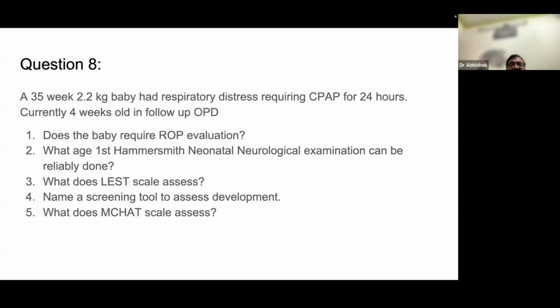Yeah, Trivandrum Development Screening Test. You're right, Sagarika. DDST, you're right, Divya. Sudarshan Bailey is a wrong answer. It's a diagnostic tool to assess development, not a screening tool. Okay. What does MCHAT scale assess? Yeah, most of you are right. It assesses autism.